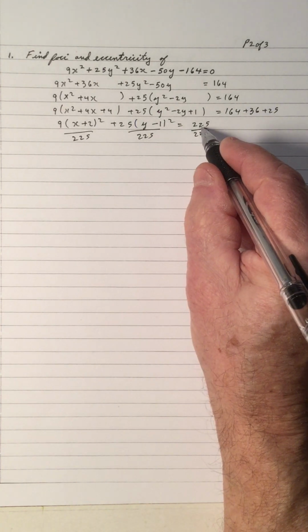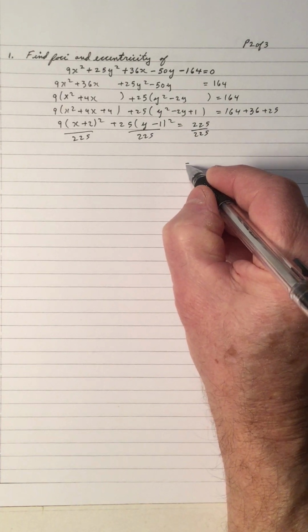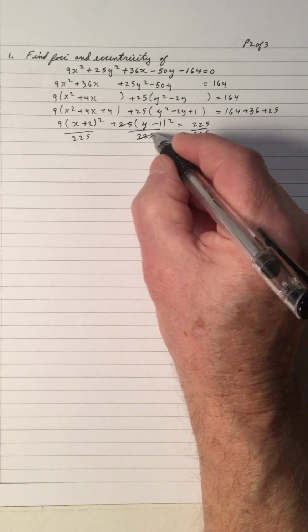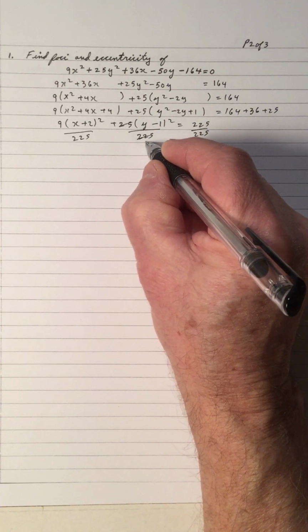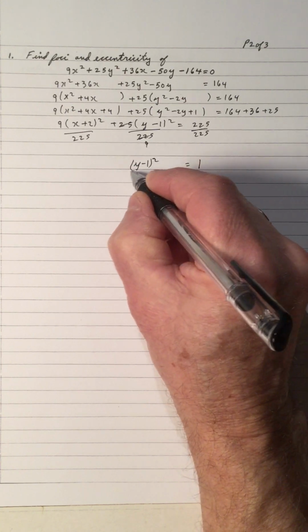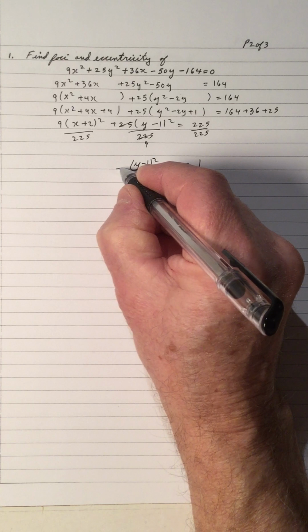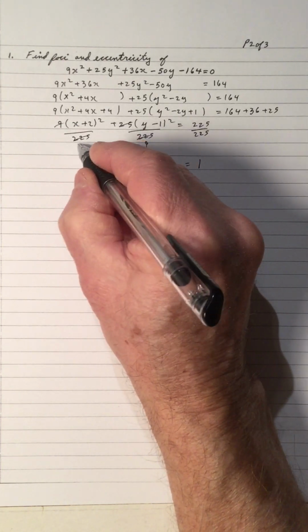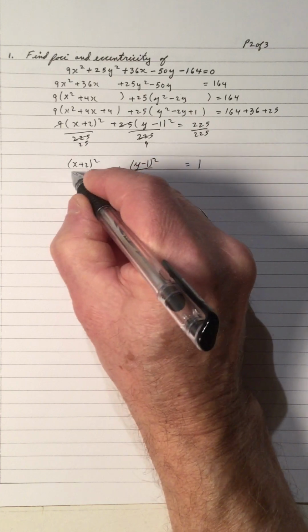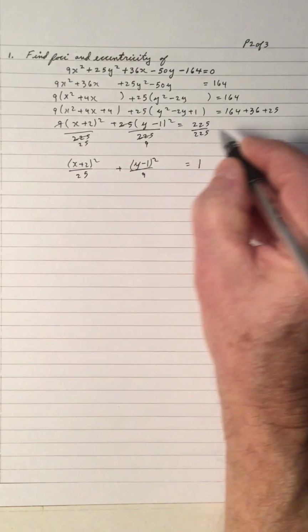Dividing here by 225, I get a 1. And 25 goes into 225 9 times, so I get y minus 1 squared over 9, and 9 into 225 goes 25, so I get x plus 2 squared over 25.